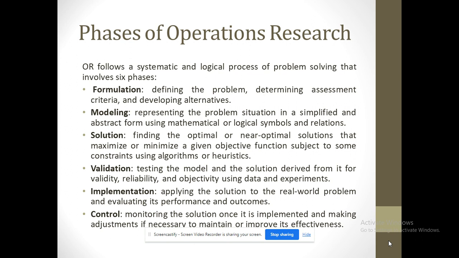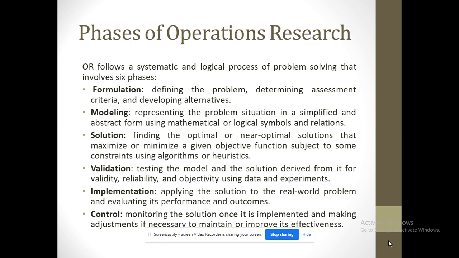A heuristic is a rule of thumb or a trial and error method that may find a good solution but not necessarily the optimal one. The solution phase may involve mathematical calculations, computer simulations, or optimization techniques.